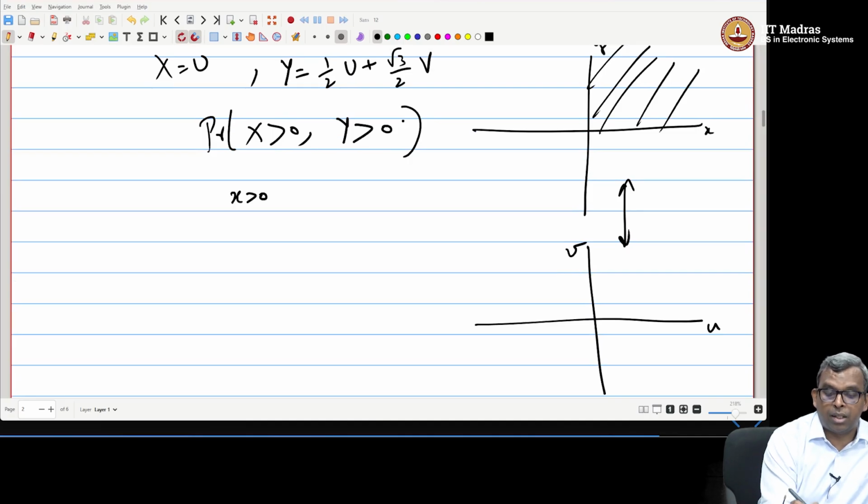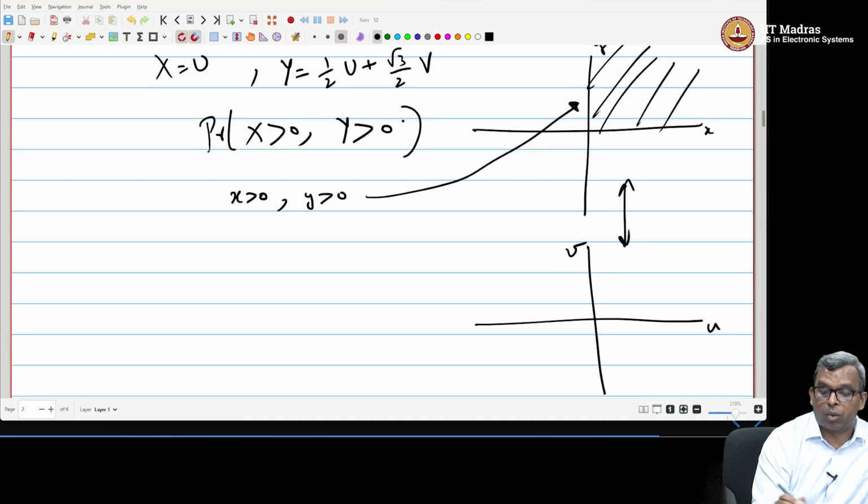So, you have to say that X greater than 0, Y greater than 0 is the region in the XY plane. Okay. Now, X is the same as U, so it goes to U greater than 0. So, U greater than 0 is on this right side, and then Y is half U plus root 3 by 2 V greater than 0. Okay.